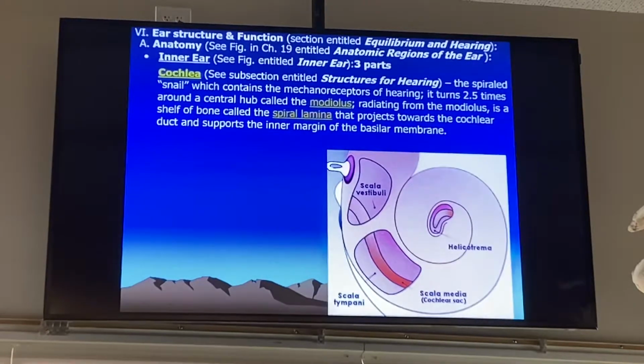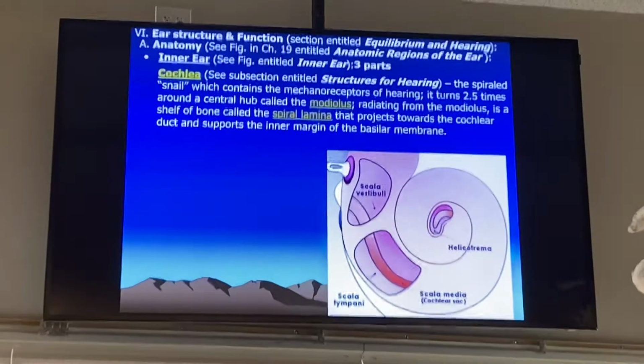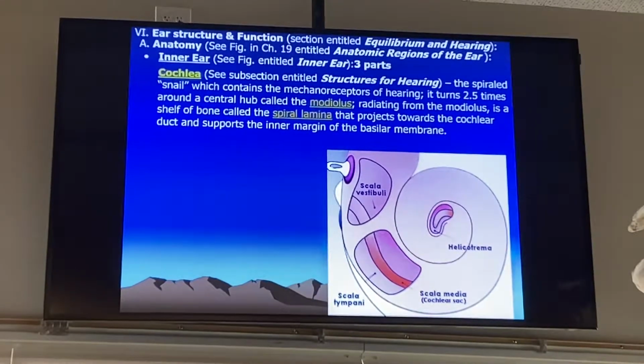Now let's go to hearing. So this is the only one that has to do with hearing. So out of the 3 regions of the inner ear, only this one has to do with hearing. Hair cells are in the spiral organ. It should be called organ of Corti.